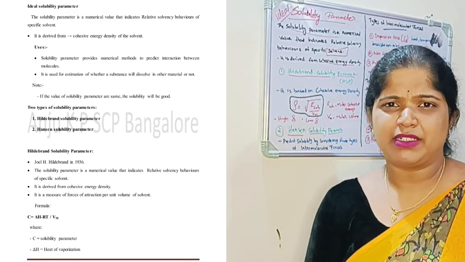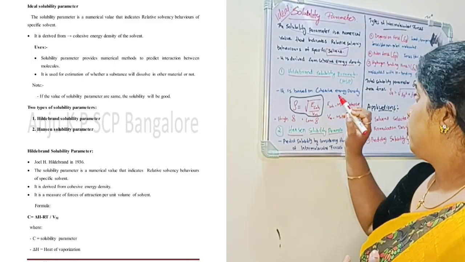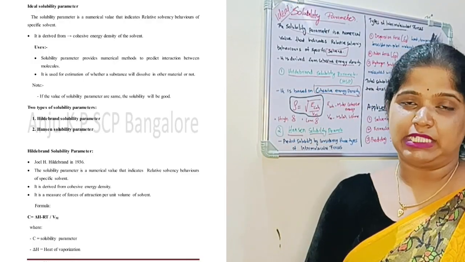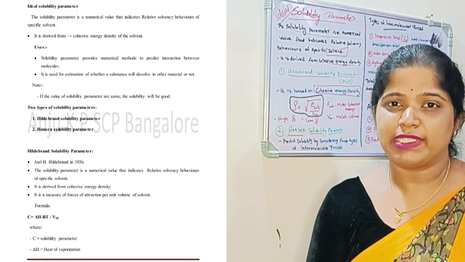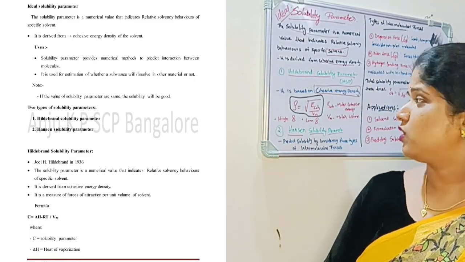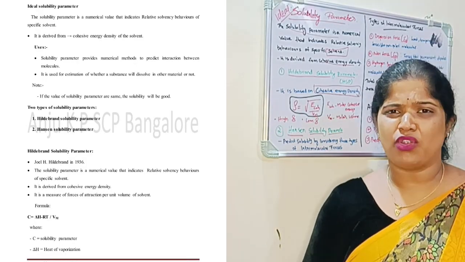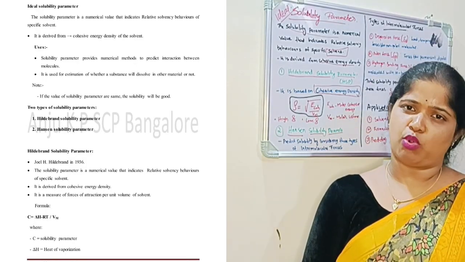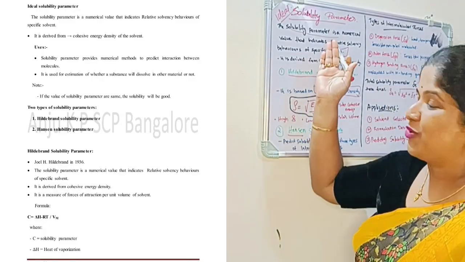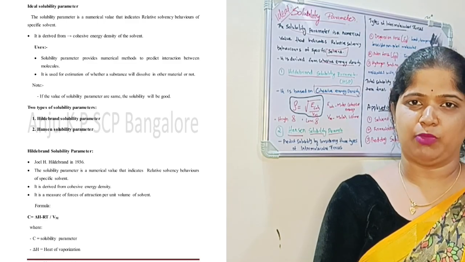Hildebrand said that the intermolecular force is basically the cohesive energy density. The relationship with the cohesive energy density is given by Hildebrand. In the earlier stage he said that only the hydrogen bond is responsible for solubility, so we are getting the solubility due to the hydrogen bond.